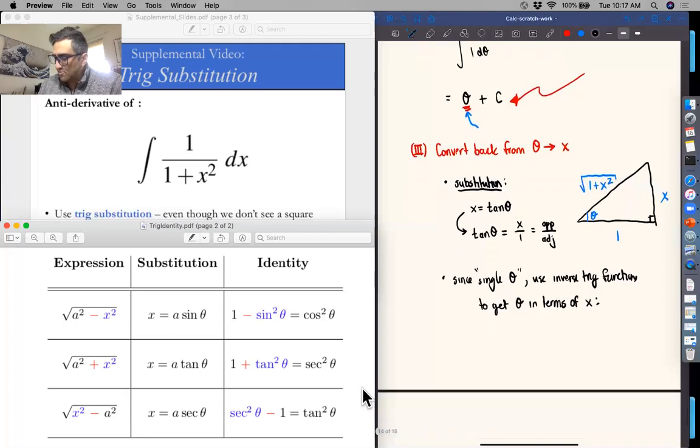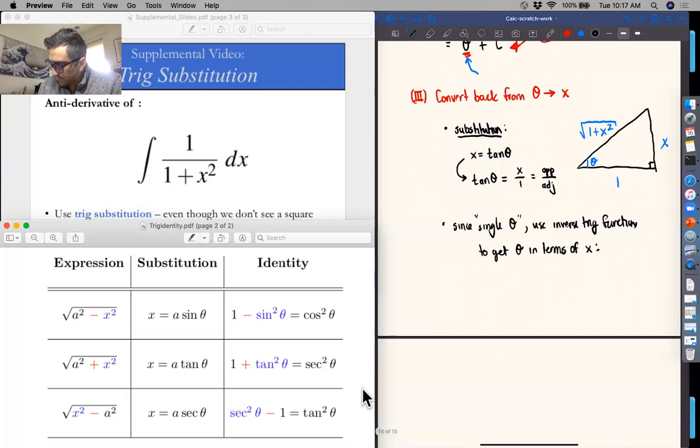And the way we do this is we go back to our substitution, where we have tangent of theta is equal to x by itself. And remember, what we're after here is this theta value. And the way in which we can get theta by itself in terms of x is if we just come across here and use the inverse tangent of both sides.